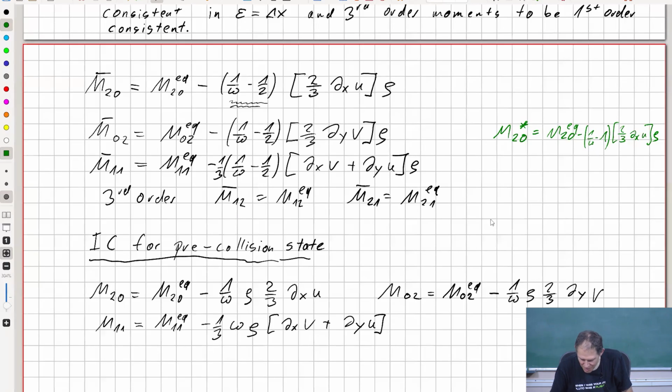So that if we add this to this and divide by 2, then we would have this. So if you want to initialize for post-collision, you would need to use this version. Yeah?